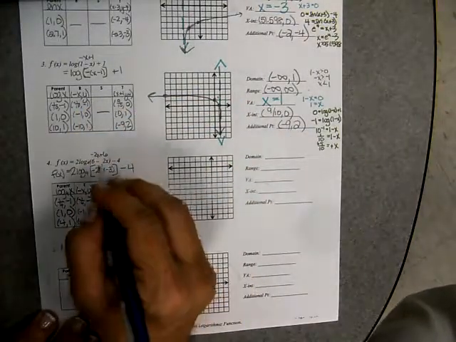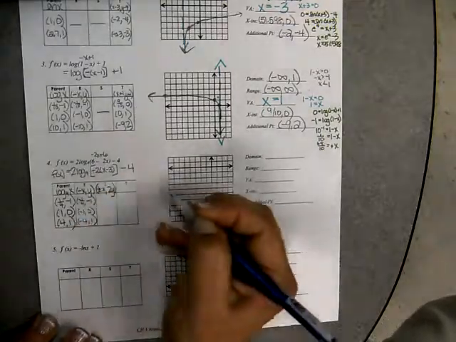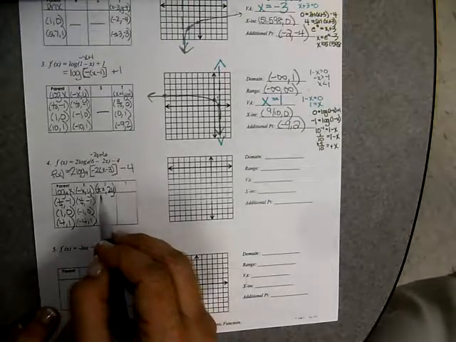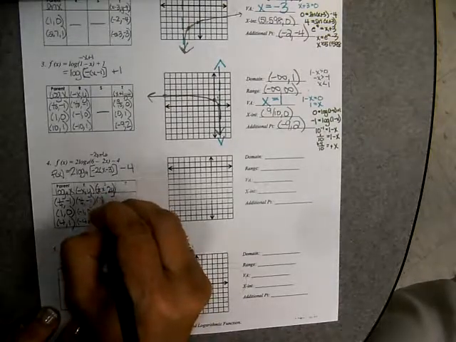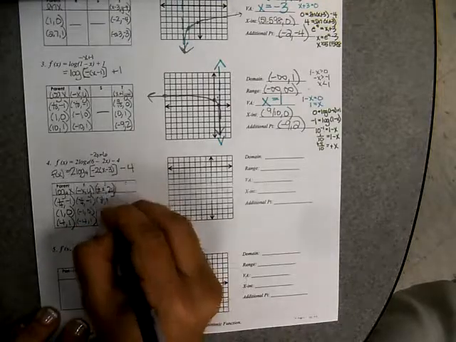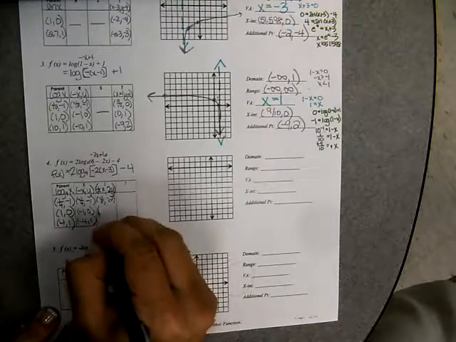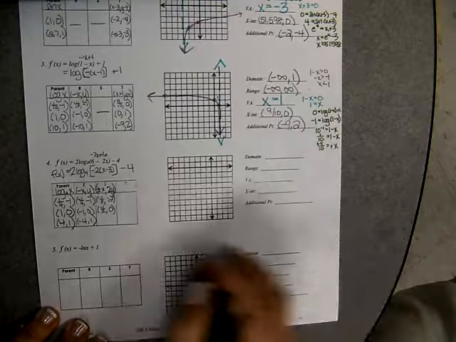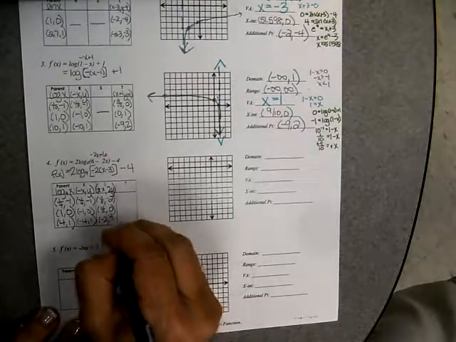So when we see a 2 here, we are really shrinking our x by a factor of half. If I take half of negative 1/4, that gives me negative 1/8. And then I multiply negative 1 by 2 to get negative 2. Half of negative 1 is negative half. 2 times 0 is 0. Half of negative 4 is negative 2. 2 times 1 is 2.